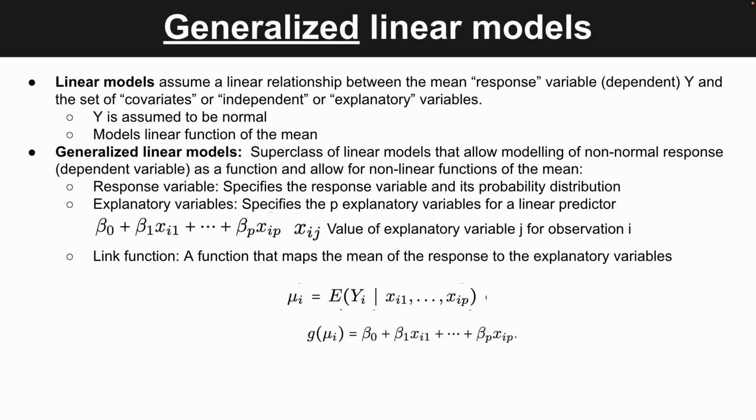But does the idea make sense? Rather than modeling the mean as a function of your explanatory variables, you're modeling a function of the mean, g. What is this function? We will see in a bit. Y itself has been relaxed in the sense that it does not need to follow a normal distribution. It can follow any distribution, and g can be any function in this world, but there are certain interesting functions.